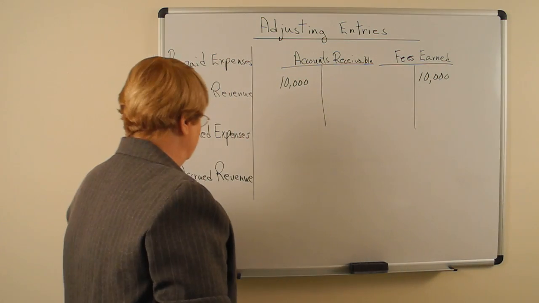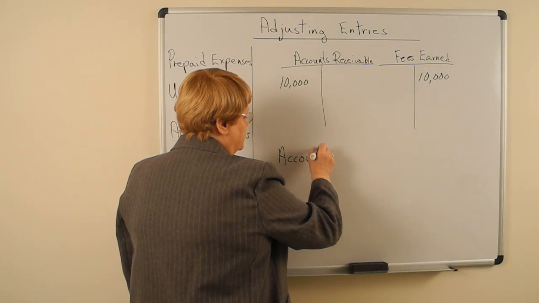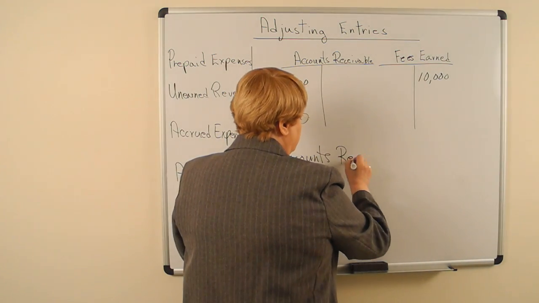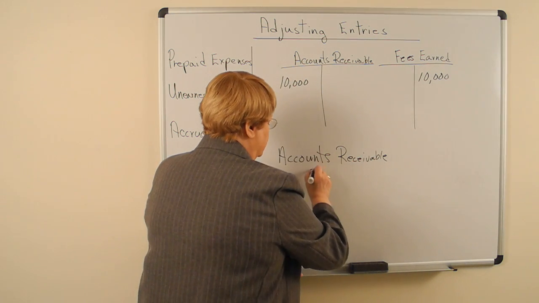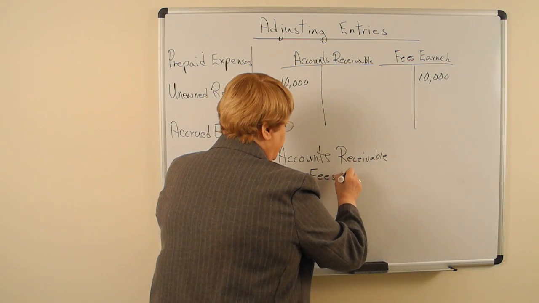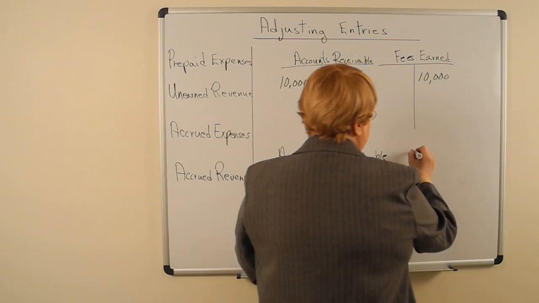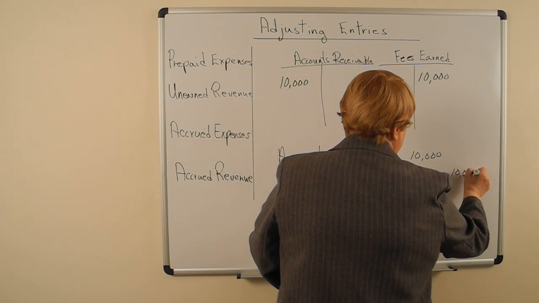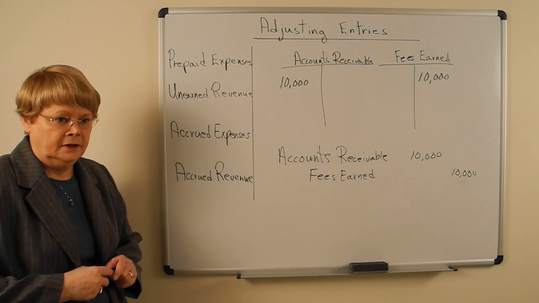So there's your entry for accrued revenue, a debit to accounts receivable, or as I said, it could be another type of receivable, such as interest receivable, depending on the situation, and a credit to fees earned. And if this were interest, of course, it would be interest revenue. And that was for $10,000. So there's your entry in T account form and in journal form.